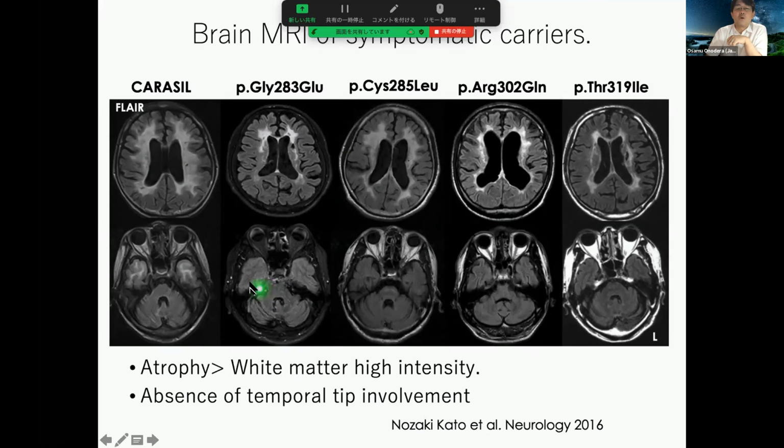I would also like to point out that temporal tip involvement is not observed in these individuals. Therefore, it is very difficult to distinguish these individuals from sporadic CSVDs. That's a problem, in thinking about the possibility of an HTRA1 mutation in just CSVD patients.